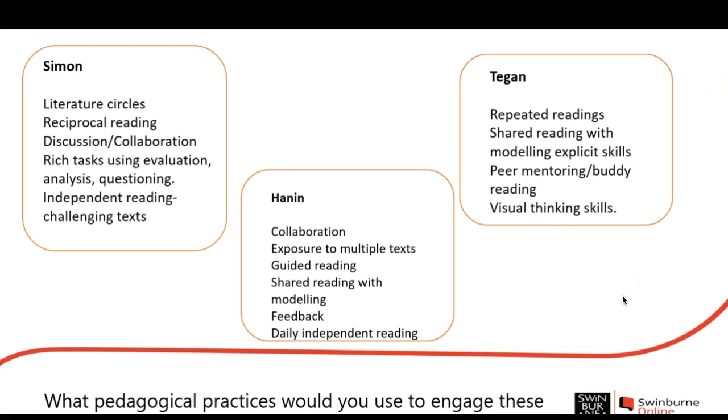So that's just a rundown of some things I thought of off the top of my head, things that could be good pedagogical practices for each one. I've tried to make them literacy specific, but there could also be things like collaboration, for example. That's just a general thing, but it suits the needs of the child that we're talking about.